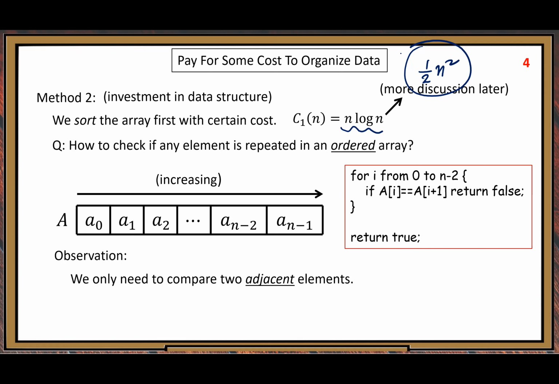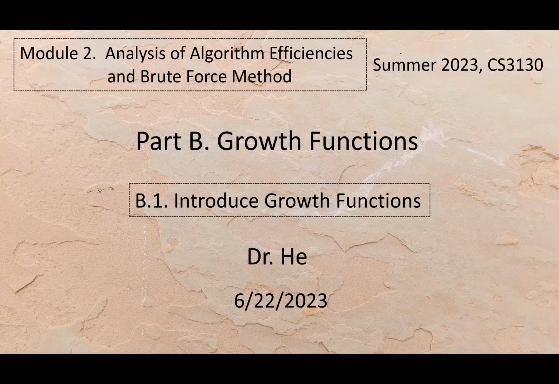Now we need to compare these two methods. So our last step, we need to compare these two methods. And this one we need n minus one comparisons. All right. So next step, we move to part B. We will have a new concept called growth functions.